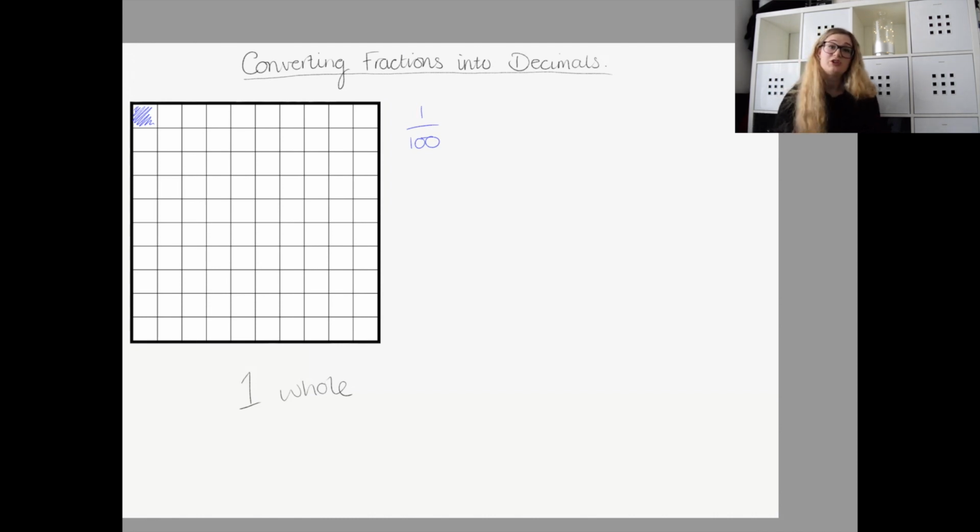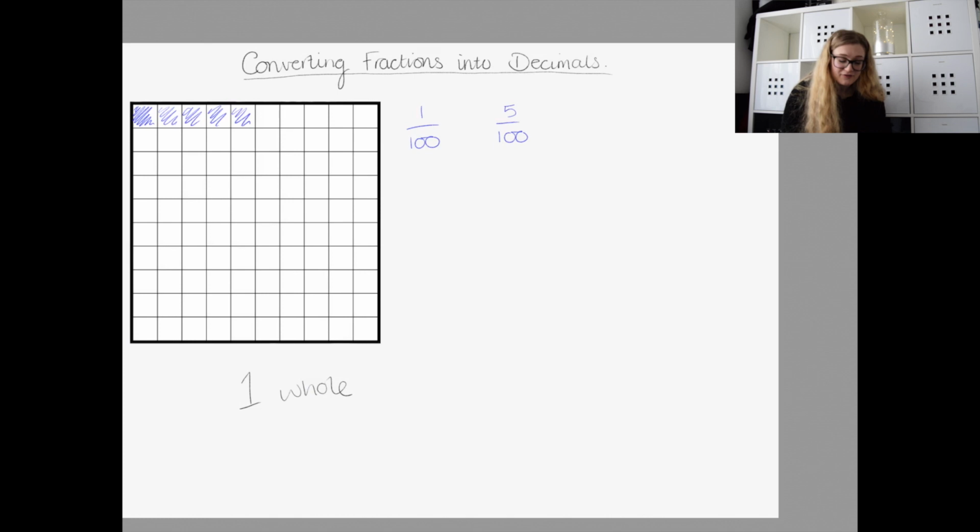Now, we can use this for any number of squares. Let's say I decided I was going to colour in 1, 2, 3, 4, 5. If I've got 5 of my 100 squares in, this is 5/100ths. Now, let's have a look at what one whole row is.